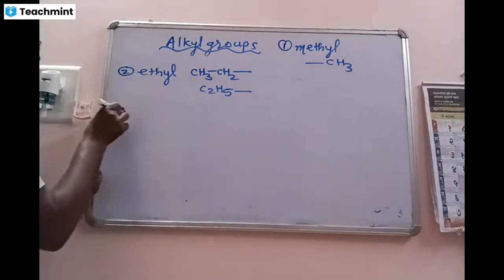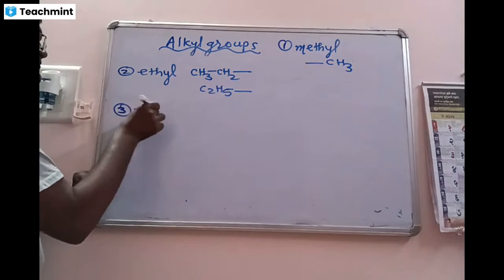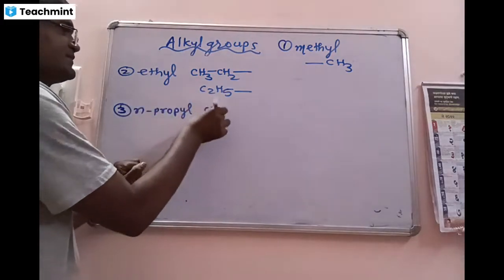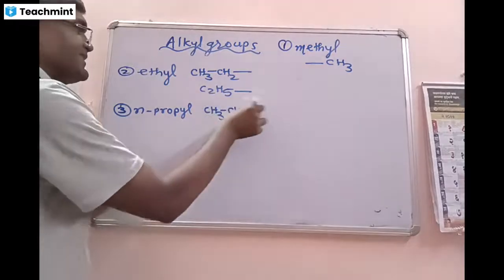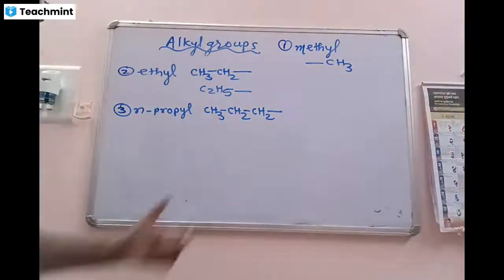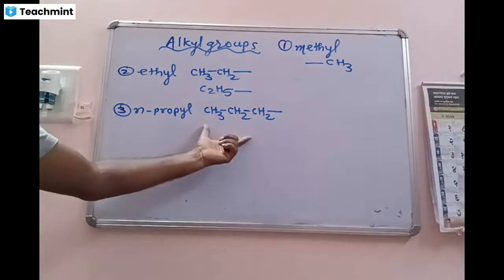Third one is your propyl. You can't collect them like this. इसके जैसा इसको जमा नहीं कर सकते एक जगह पे, उसमें दिखता नहीं है कि ये प्राइमरी है या सेकेंडरी है.